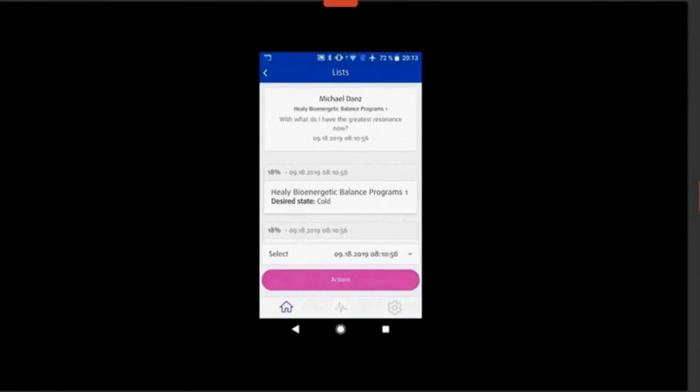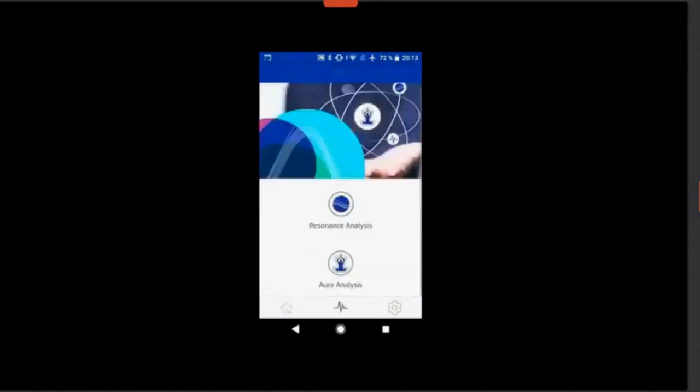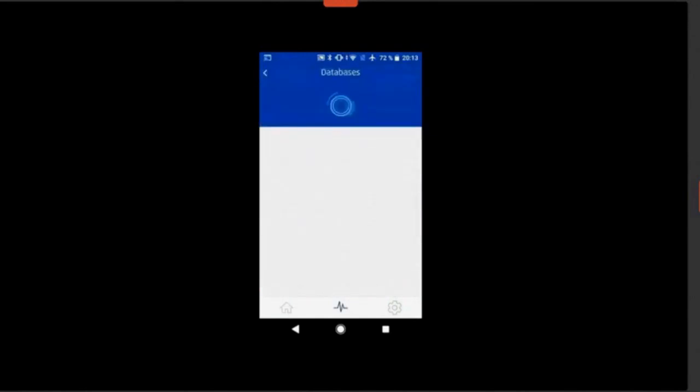Okay. So now I could go on the other app and I would find the cold program and I would start it, put on the wrist electrodes, and that's how it goes. However, I can also go by the same thing. Now I go by the databases and I'm not choosing the Healy programs, but now I could choose the Bach flowers, or the amino acids, which I rather want to call vital substances.